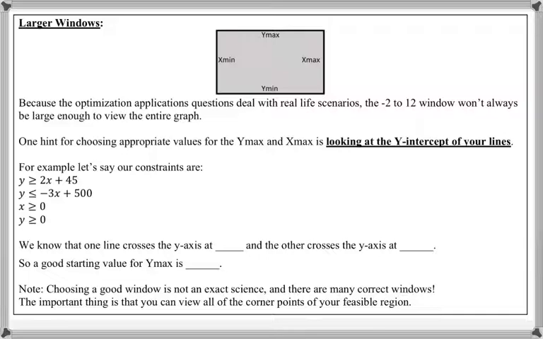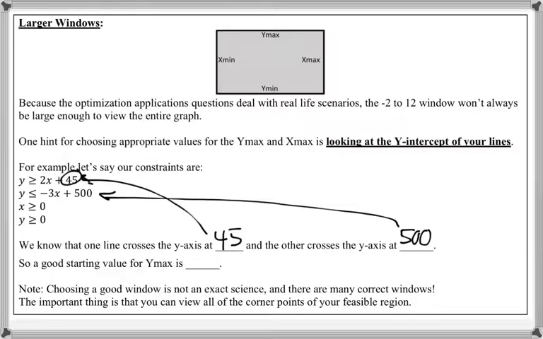So finding the y-intercept of our lines, we know that one line crosses the y-axis at 45, and the other crosses the y-axis at 500. So a good starting value for the y-max is actually going to be around 510, just a little bit above the highest y-intercept.